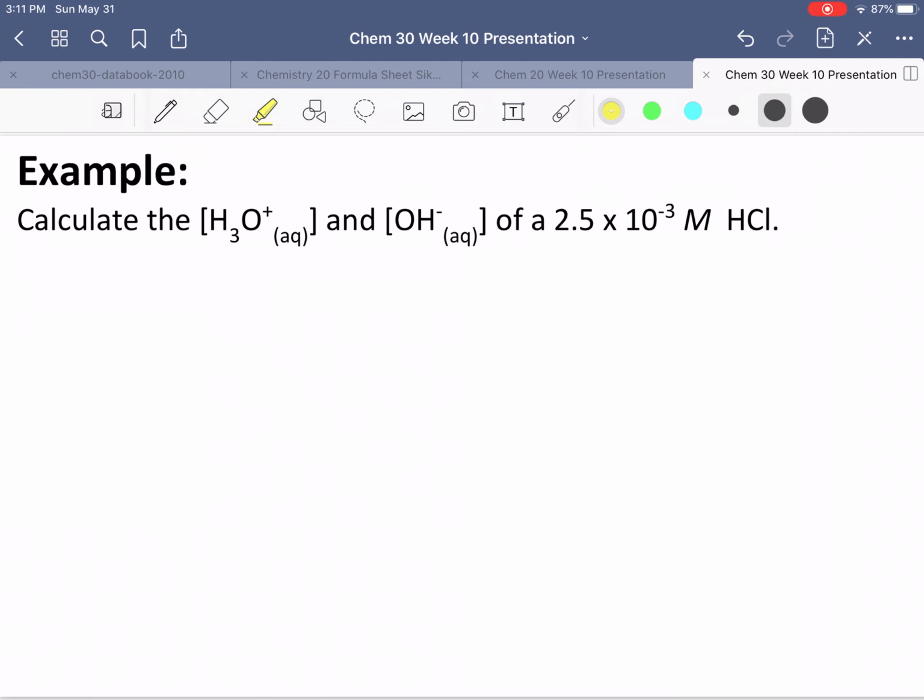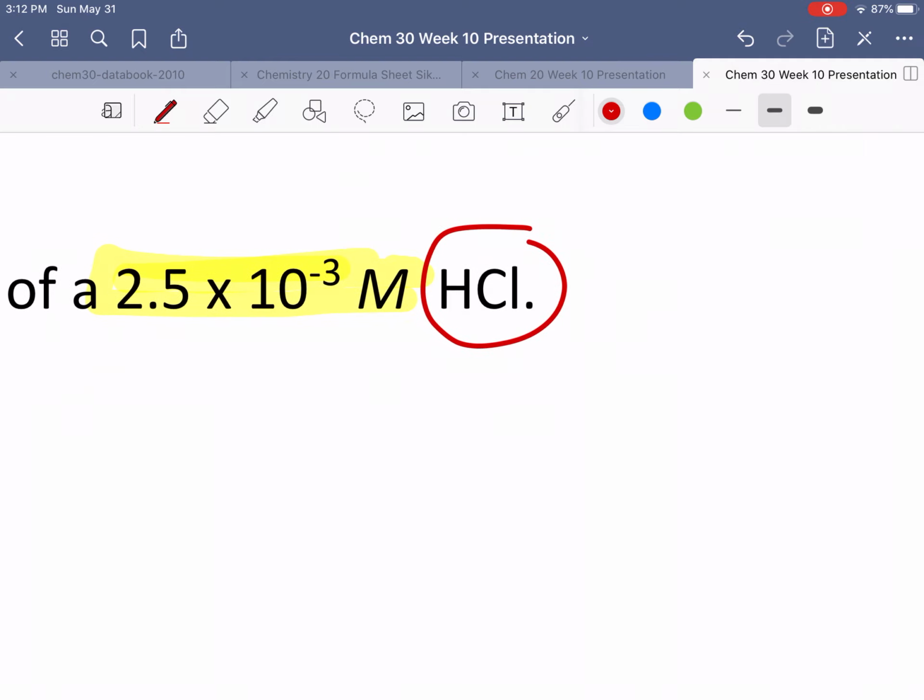Okay, for example, let's say that we're trying to calculate the hydronium and the hydroxide concentrations of a 2.5 times 10 to the negative 3 mole per liter, or molarity, hydrochloric acid solution. Now here's the deal with HCl. You may or may not have remembered this from last year, but HCl is a strong acid.